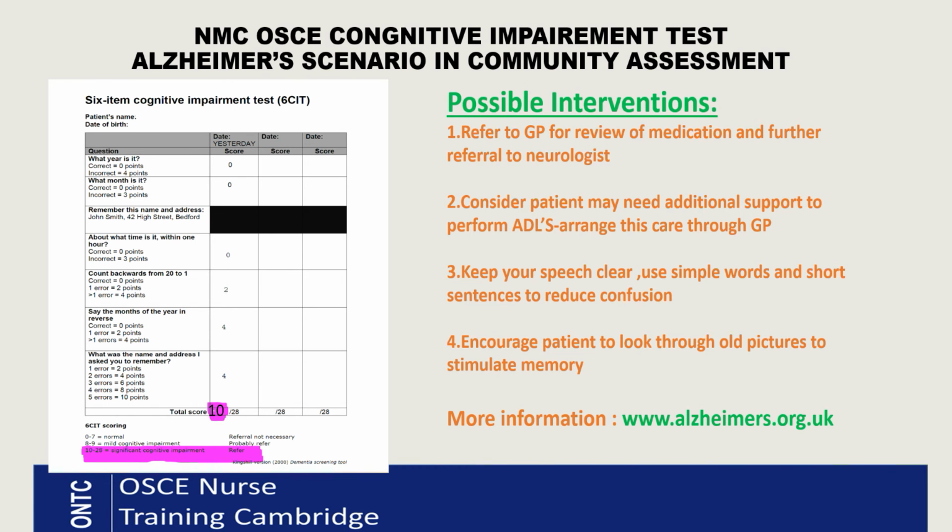Another thing is encourage the patient to look through old family pictures to just stimulate memory. Because we're talking here about memory loss and confusion, because the cognitive impairment check covers both. So that can be another way of stimulating the patient's memory, to preserve memory.